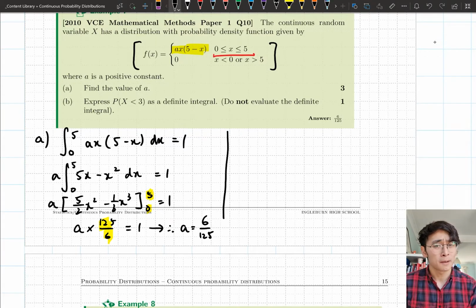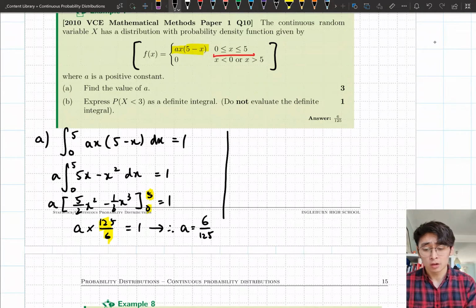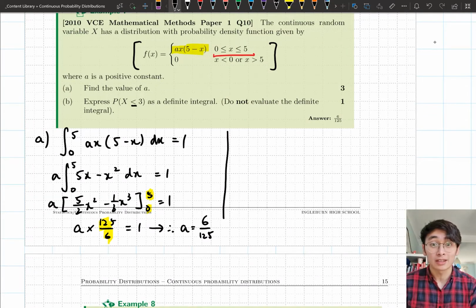Now for this one, this is a little bit trickier. Notice here, it's not less than or equal to, it's just less than. So what I need to actually do is break this up a little bit.